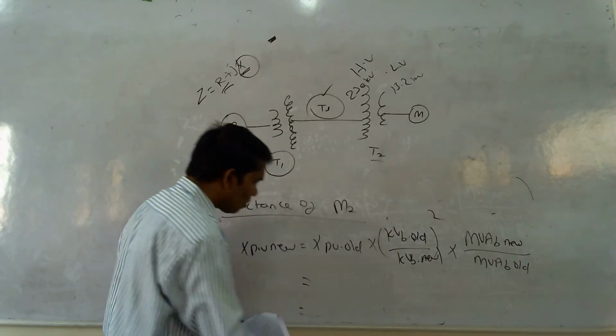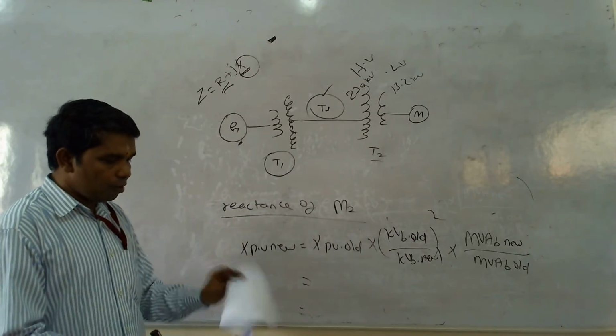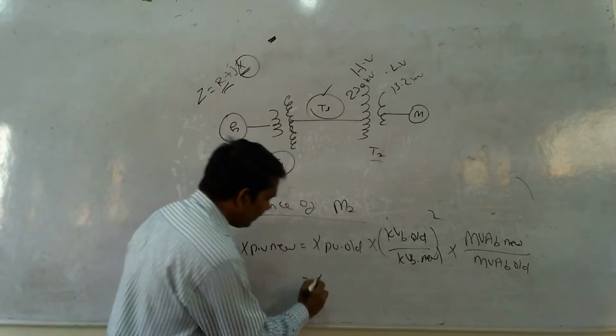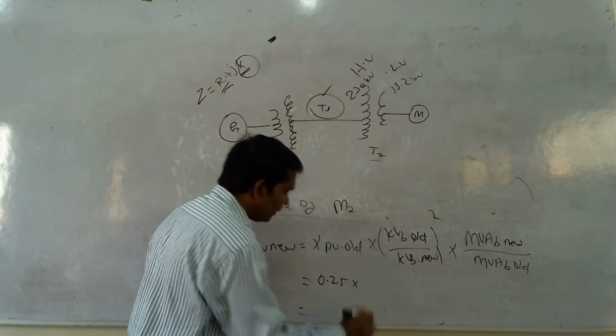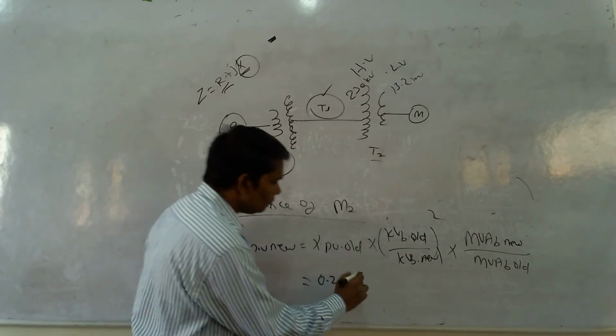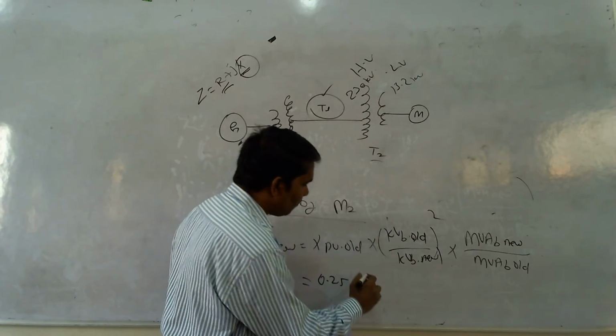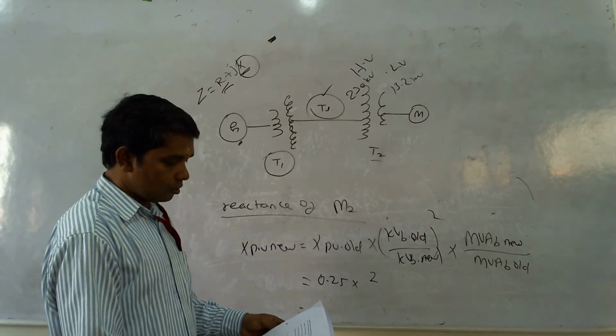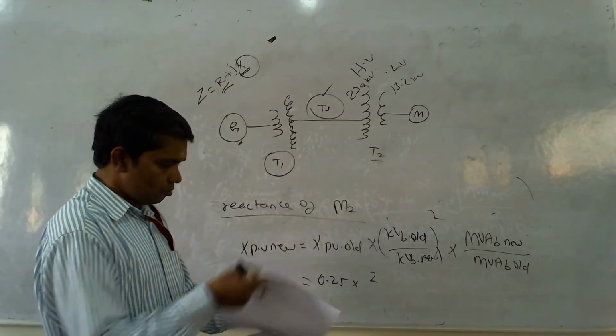All the values we have calculated. The reactance per unit old value for the motor is given as 0.25, and the kilovolt base old value, how much is given?